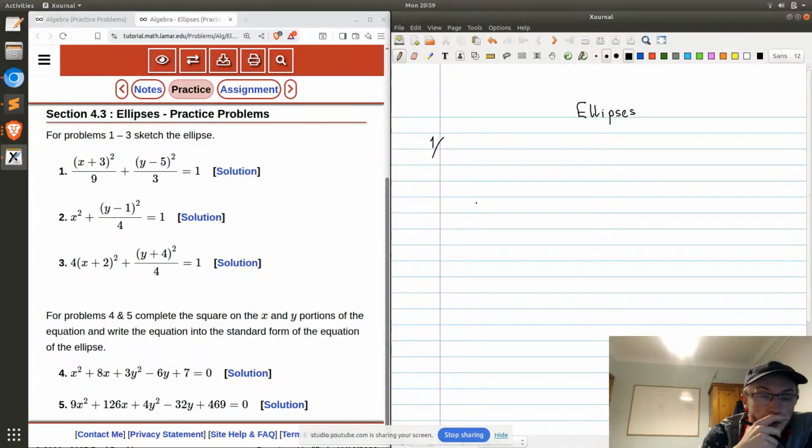Anyway, so what does this ellipse here look like? Well, the center is negative 3,5, I think.